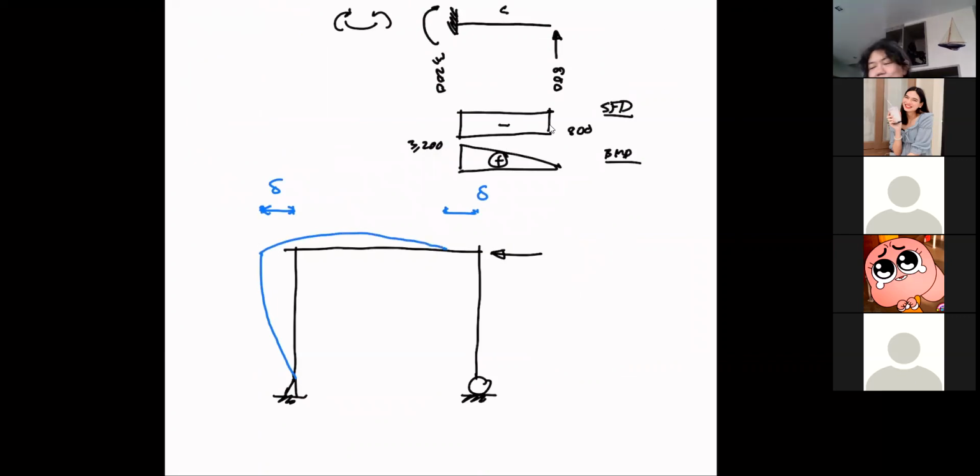And remember, we have a rigid joint, so this angle would have to maintain its 90 degrees, just like the original. And this better maintain 90 degrees as well. Your CD has no moment, so it remains straight. But because this is 90 degrees, here we go. That is how your frame is going to look.